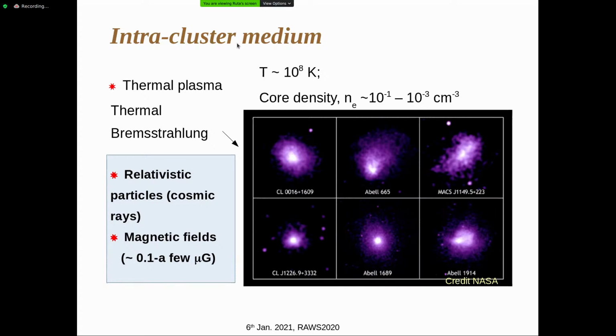The electron densities are of the order of 0.1 to 10^-3 per cubic centimeter in these systems. The temperatures are of the order of 10^8 Kelvin, and most of this thermal plasma is visible and detectable to us in X-rays. And the mechanism which allows that is thermal Bremsstrahlung.